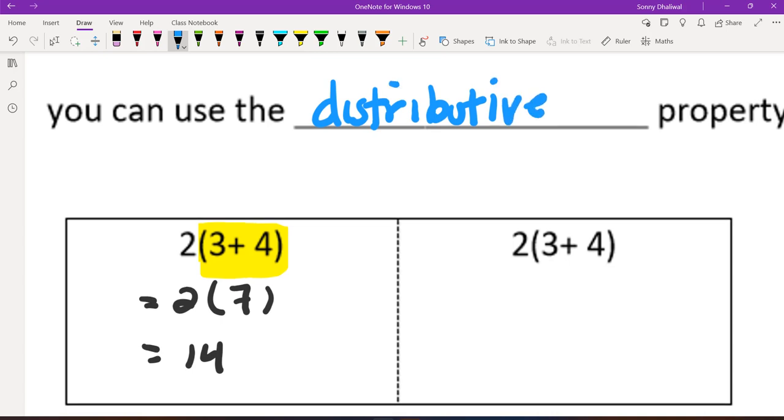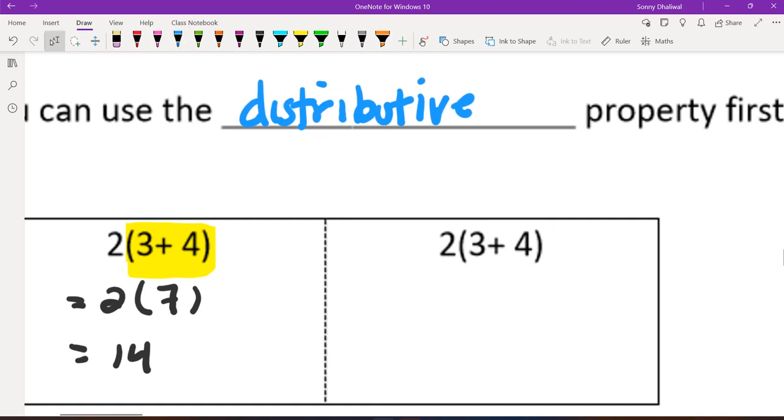And this is where we did all those little rainbows. Right? And what we said is, hey, we can distribute that 2 on the outside to everything on the inside. So we went 2 times 3. We can go in this order, right? And we wrote down that's equal to 6. And then we went 2 times 4.